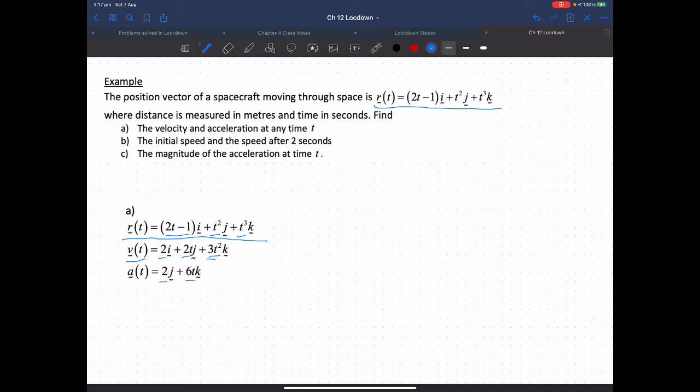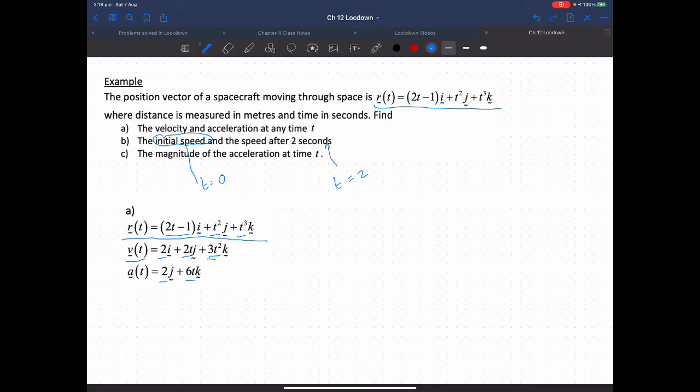Now, it also asks me in part B the initial speed, time is equal to 0, and the speed after 2 seconds, t equals 2. Now remember, we have a velocity at the moment, we have not got speed.